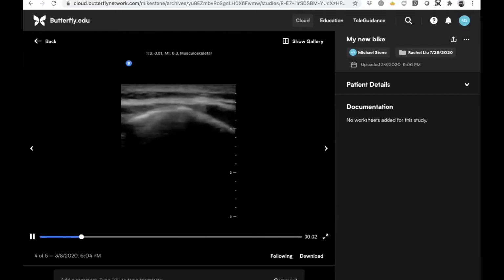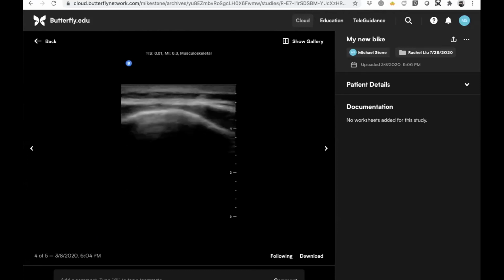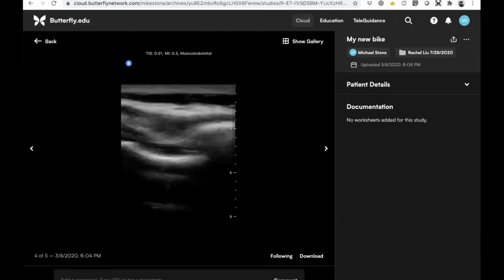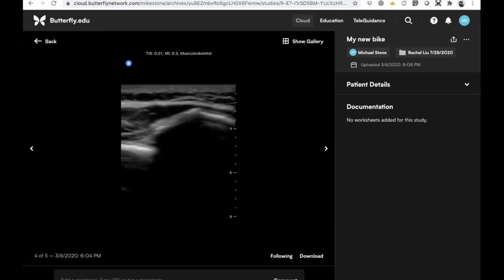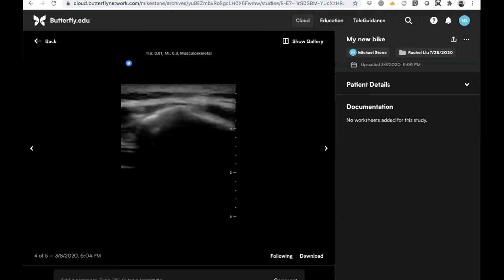All right, so, rib fractures on ultrasound. This is a great thing for people to consider. We think about getting either X-rays or maybe CT scans or maybe just clinical judgment for whether someone has a rib fracture when they come in with post-traumatic thoracic pain.